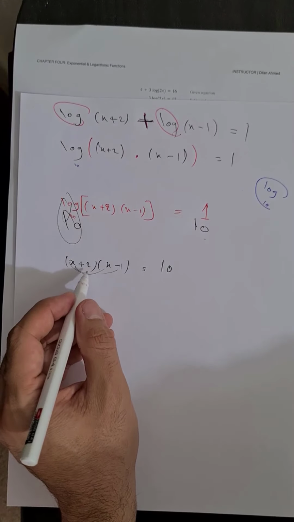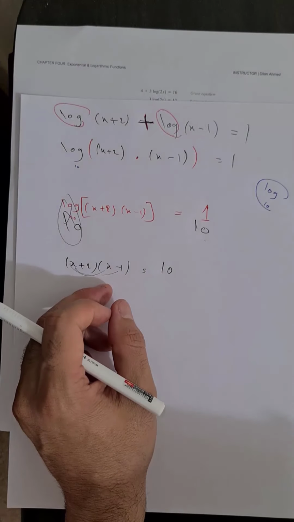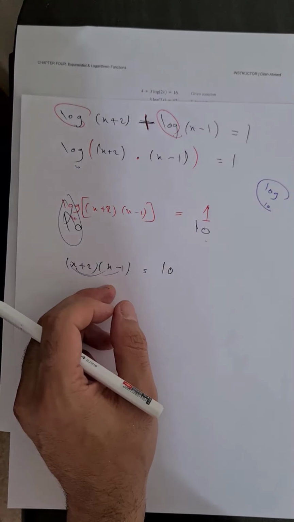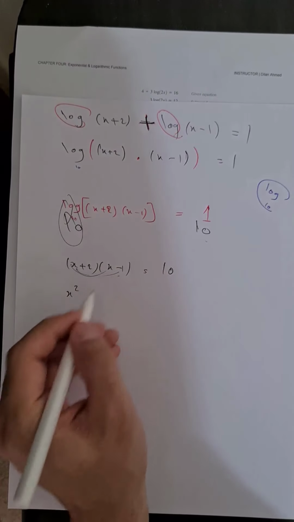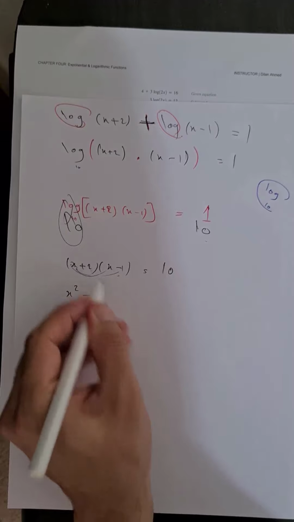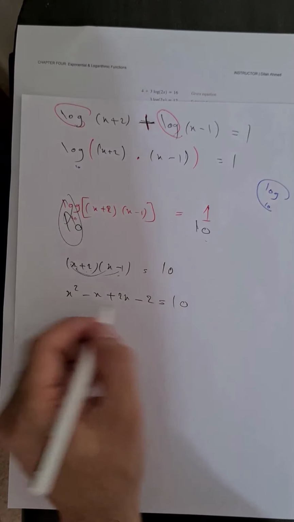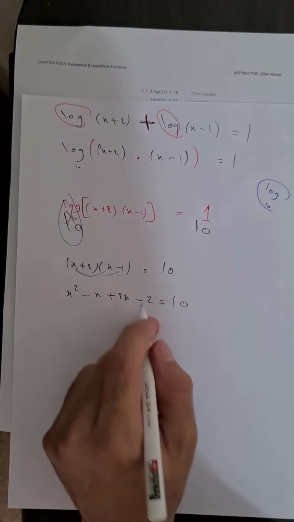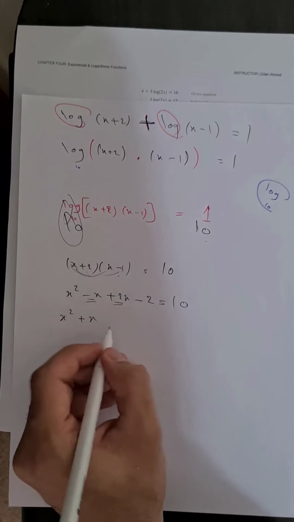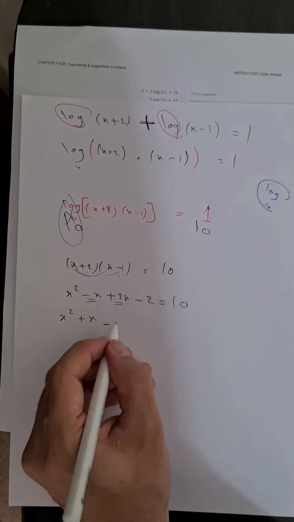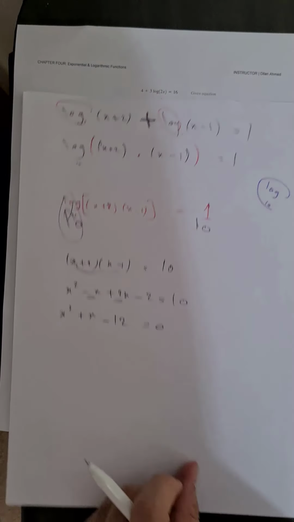If you don't know how to do this step, you should review chapter 1. So we will get x squared, x times x, minus x plus 2x minus 2 is equal to 10. Now I'll bring the 10 to the other side. I'll get x squared plus x minus 12 is equal to 0.